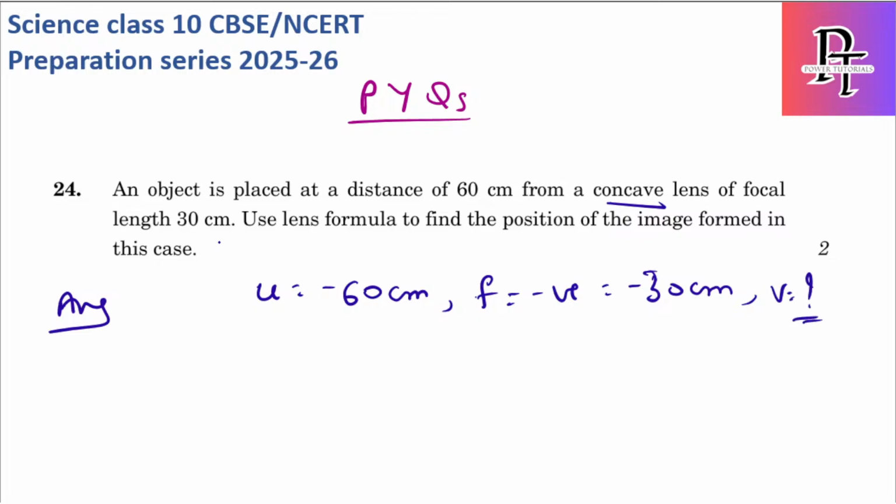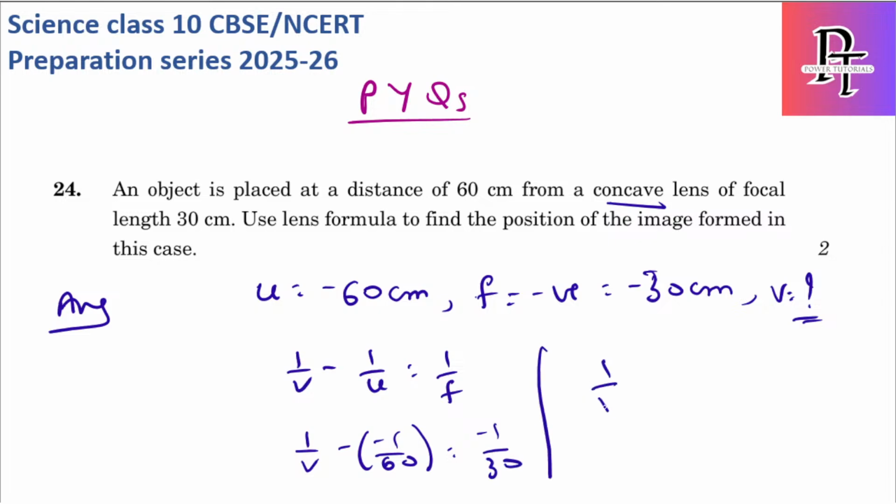So let's use our lens formula, which is 1 by v minus 1 by u is equal to 1 by f. 1 by v we don't know, that we need to find. 1 by u we have minus of minus 1 by 60, and the focal length is also negative, which is minus 1 by 30. So 1 by v plus 1 by 60 is equal to minus 1 by 30. So 1 by v is equal to minus 1 by 30 minus 1 by 60.